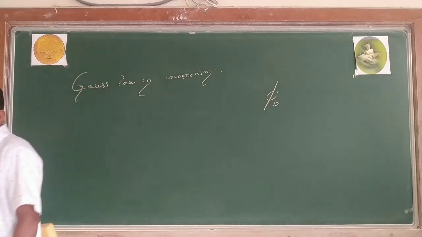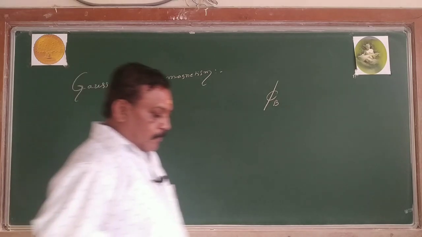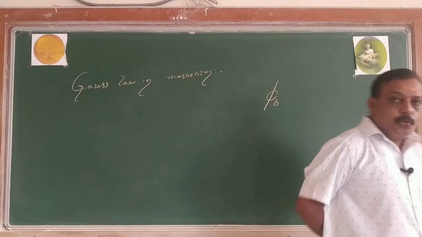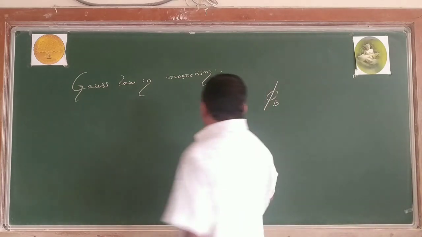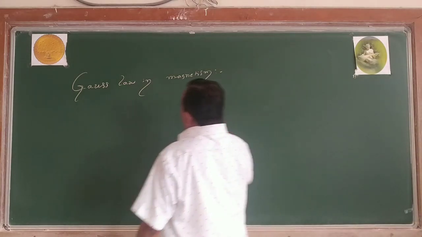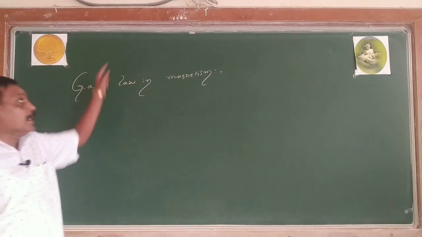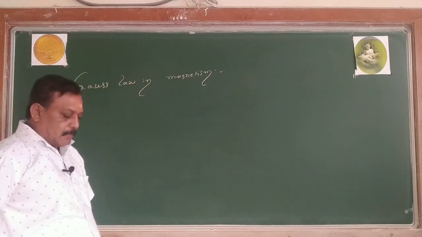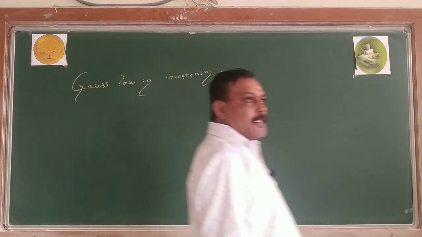Then what is the importance of Gauss law in magnetism? What does it conclude? Gauss law in magnetism states that the magnetic flux through any closed surface is equal to 0.